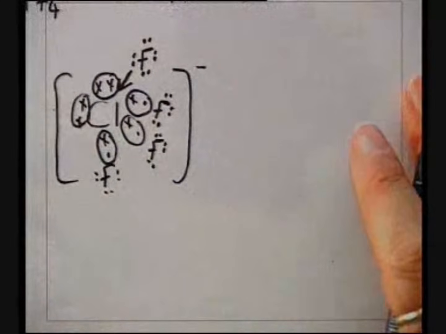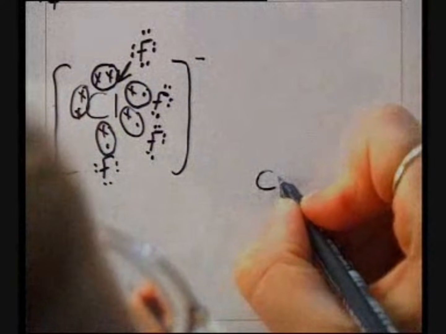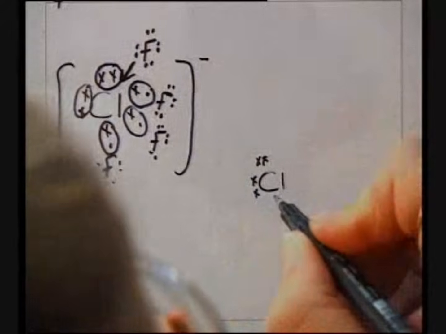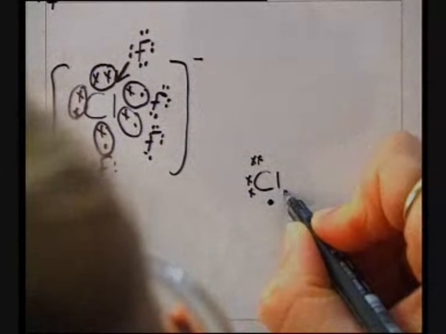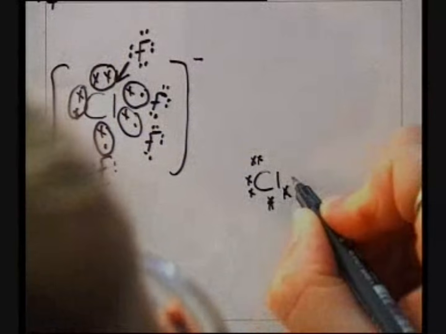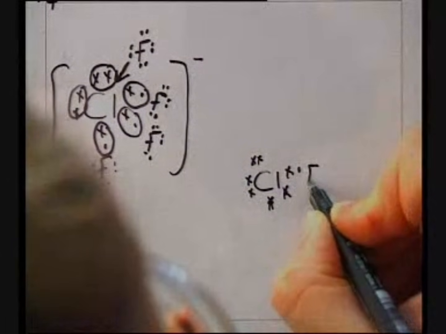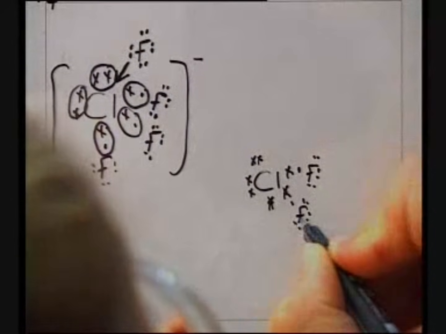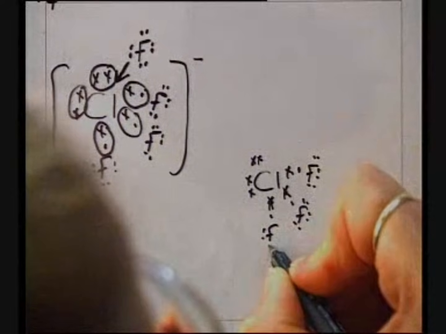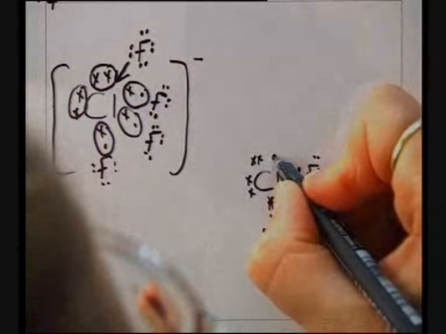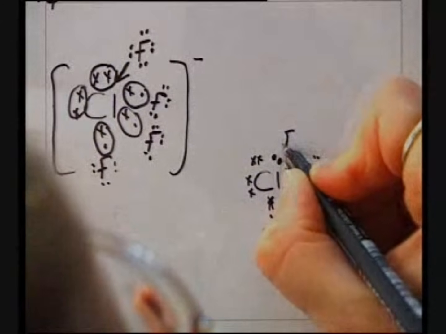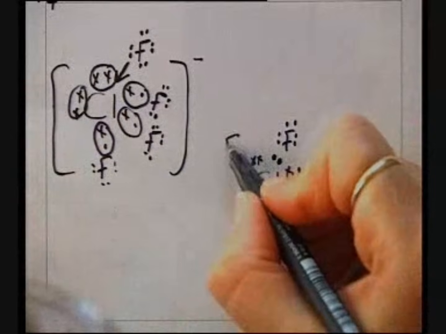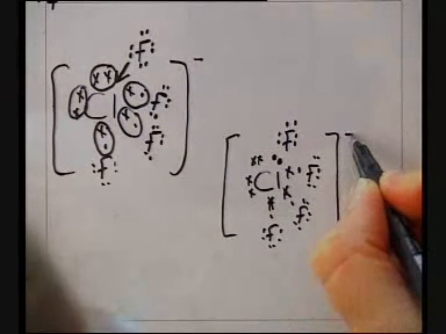So a Lewis structure can be written as central atom chlorine, 2 lone pairs, 3 single bonds to the fluorine atoms with 7 valence electrons, and a single bond, but a dative covalent single bond, to the fluorine atom with the extra electron. Large brackets, charge on the molecule.